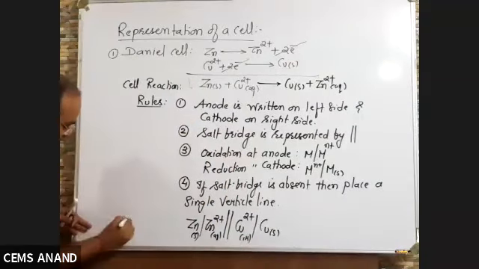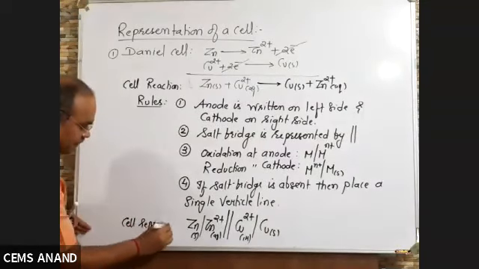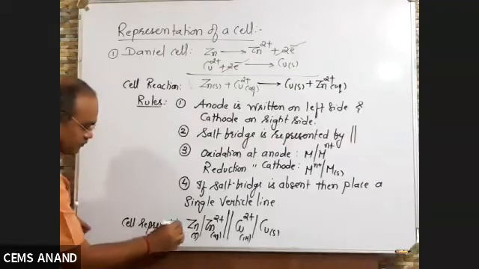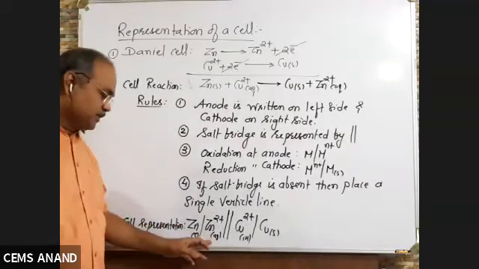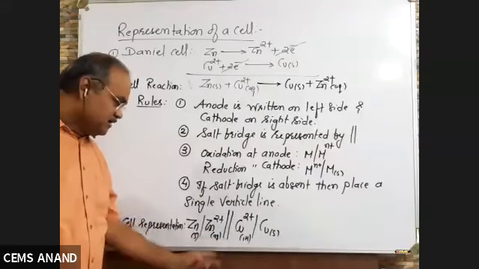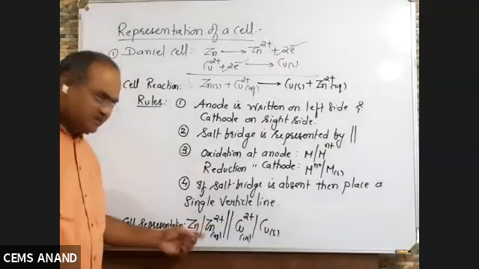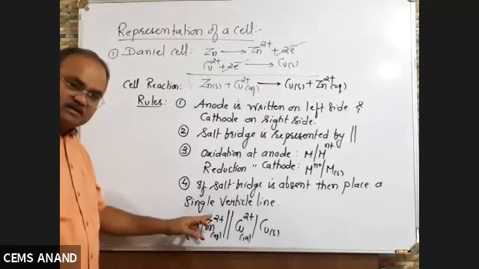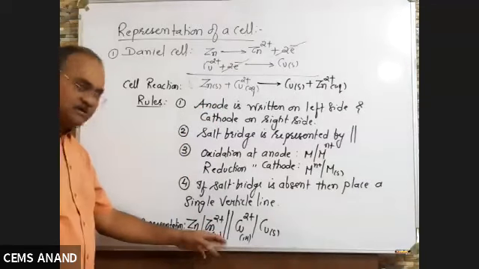So this is called the cell representation of a Daniell cell: Zn/Zn2+ double vertical line Cu2+/Cu. This indicates that Zn is undergoing oxidation, and according to the rule, it is written on the left side of the salt bridge.